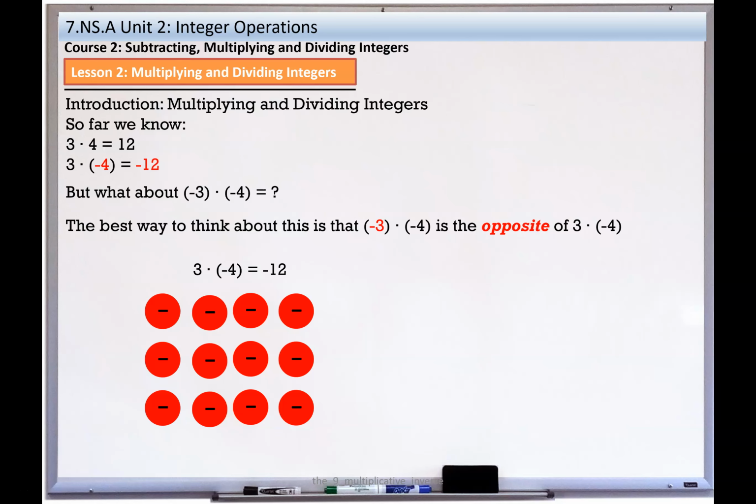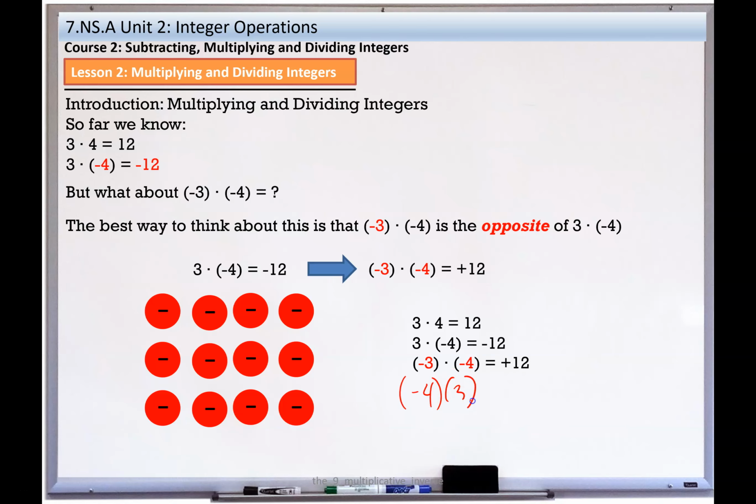So 3 times negative 4 we know is negative 12. Negative 3 times negative 4 is positive 12. It's the opposite. So there we have our 3 options. If you're wondering what the 4th is, we just switch these numbers around. Right? So that's pretty much multiplying integers right there.